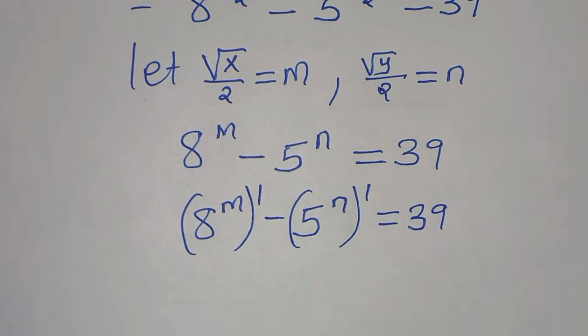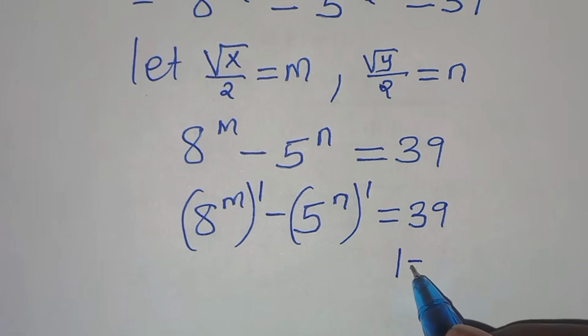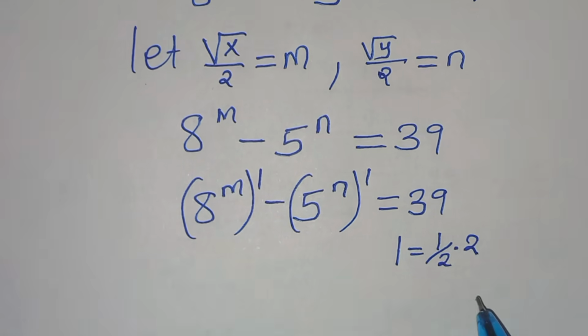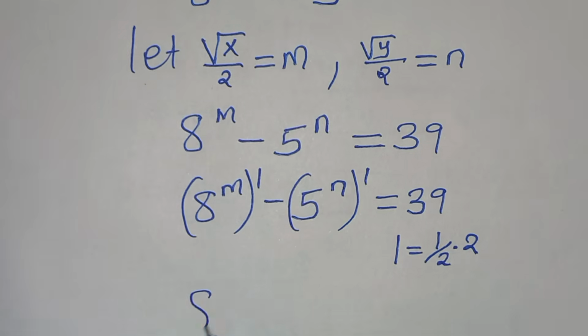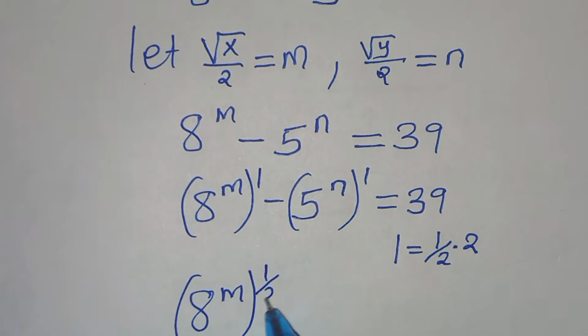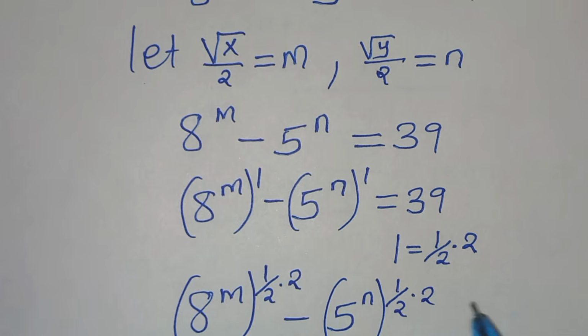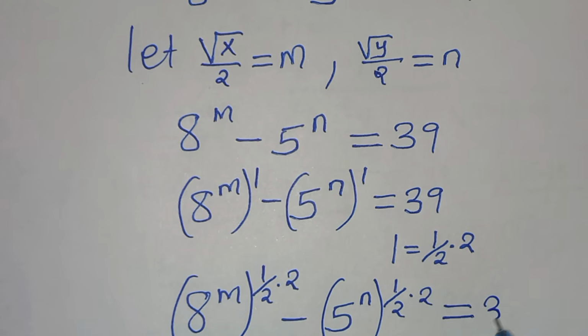Now, we can express 1 as a half multiplied by 2. So let's substitute this so that we have 8 to the power of m raised to the power of a half multiplied by 2, then subtract 5 to the power of n raised to the power of a half times 2. This is equal to 39.